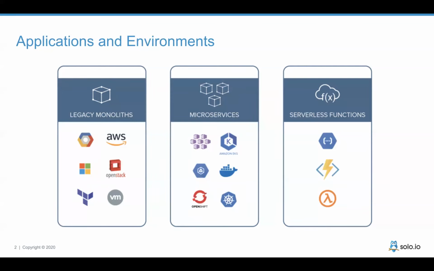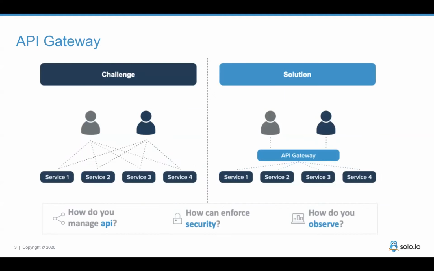And then on the other end of the spectrum, we've got organizations that want to take advantage of new managed offerings such as AWS Lambda or other serverless capabilities. So the idea of an API gateway evolved out of some challenges related to, as you're moving in this direction, how do you manage your APIs?